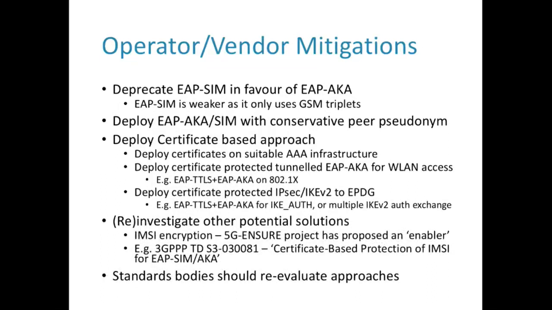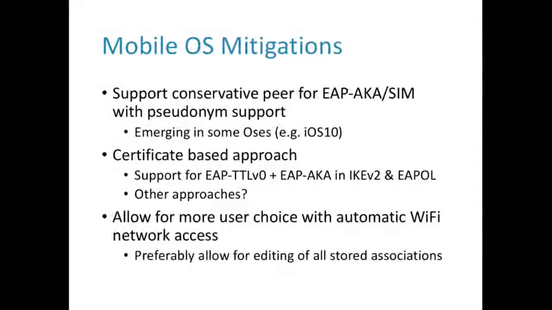Then there are other potential solutions like encrypting the IMSI, and other standards that have been mentioned as possible ways of protecting the IMSI. So it really needs the standards bodies to take another look at this, because there are solutions in there, but they're just not really being deployed, and they're more expensive to deploy, I guess. But then it depends on how much you feel should be protected.